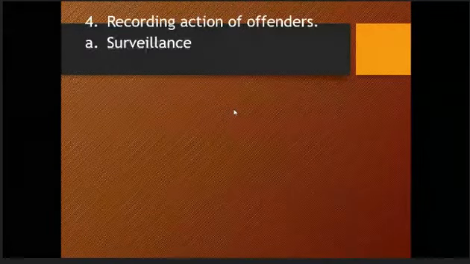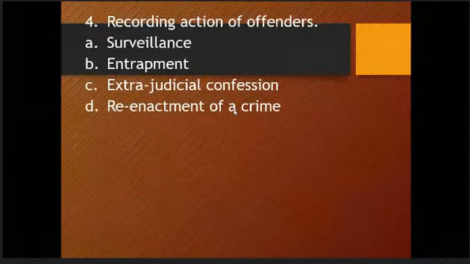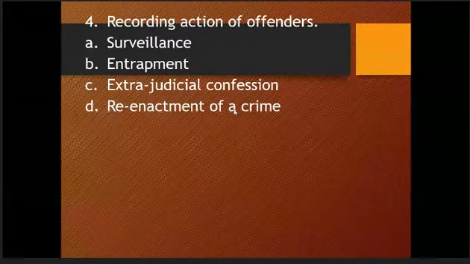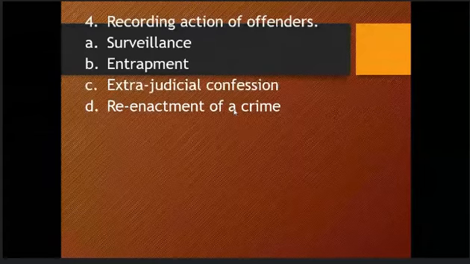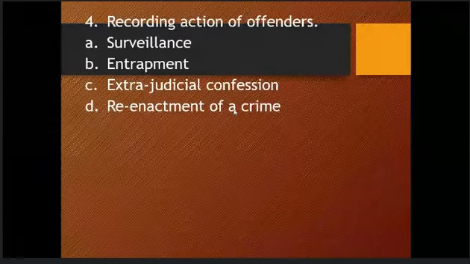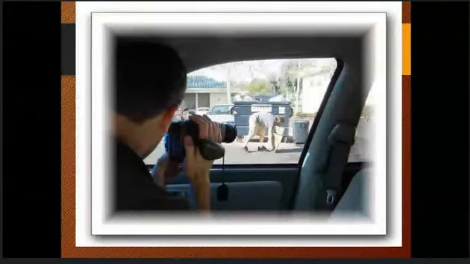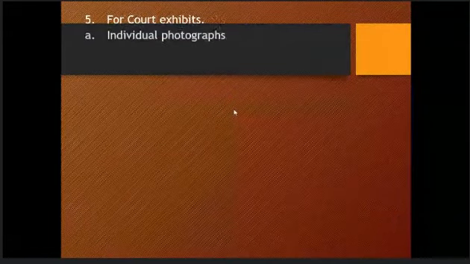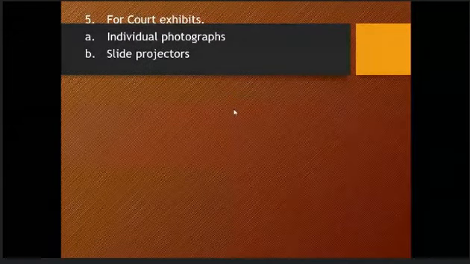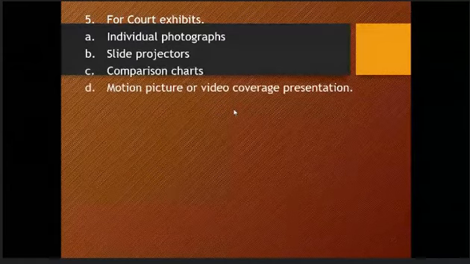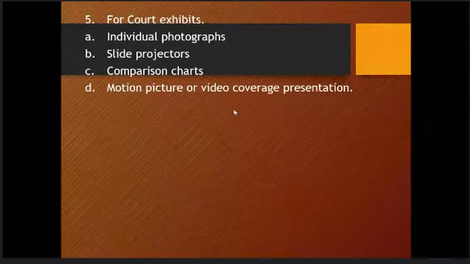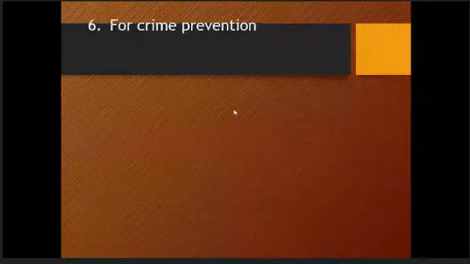Then recording action of offenders by means of surveillance, entrapment, extrajudicial confession, and reenactment of the crime. Now it is being used in surveillance and for court exhibits as individual photographs, slide projectors, comparison charts, motion pictures being presented as evidence during trial.